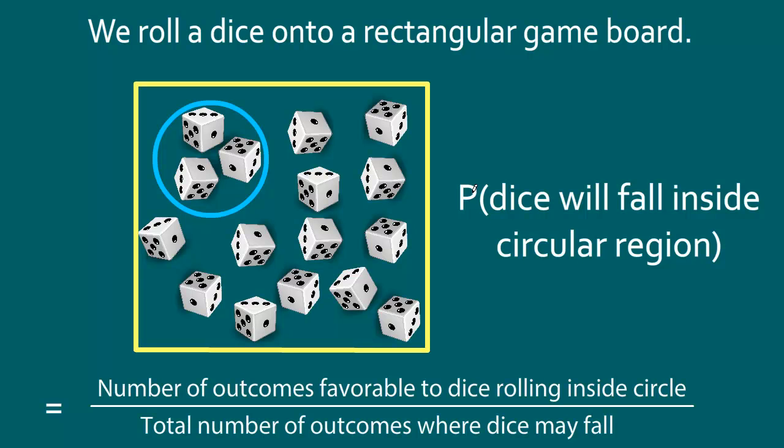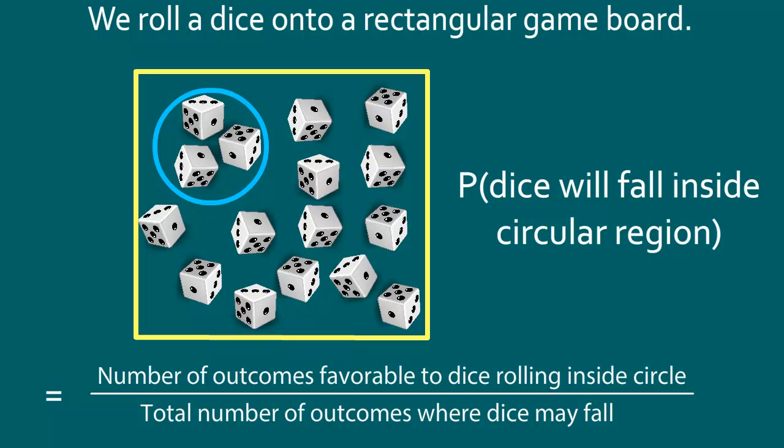So here, our event is the dice falling inside the circular region. We have to find the number of all outcomes favorable to the dice rolling inside the circular region, and divide that by the total number of outcomes where the dice may fall.